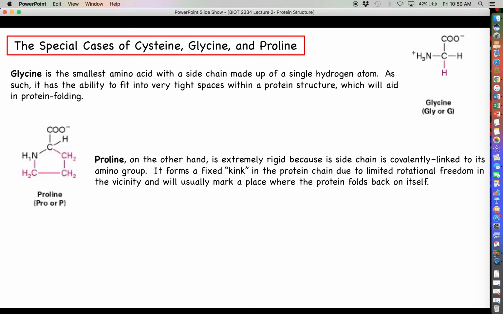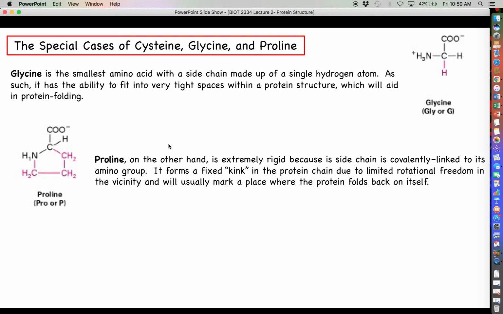The amino acid proline is definitely an interesting one to talk about because you will notice here something very strange. The side chain is actually not all by itself. The side chain is actually fused to the amino group that is attached to the central carbon. So that's very interesting. For all other 19 amino acids, the side chains just kind of hang off all by themselves.